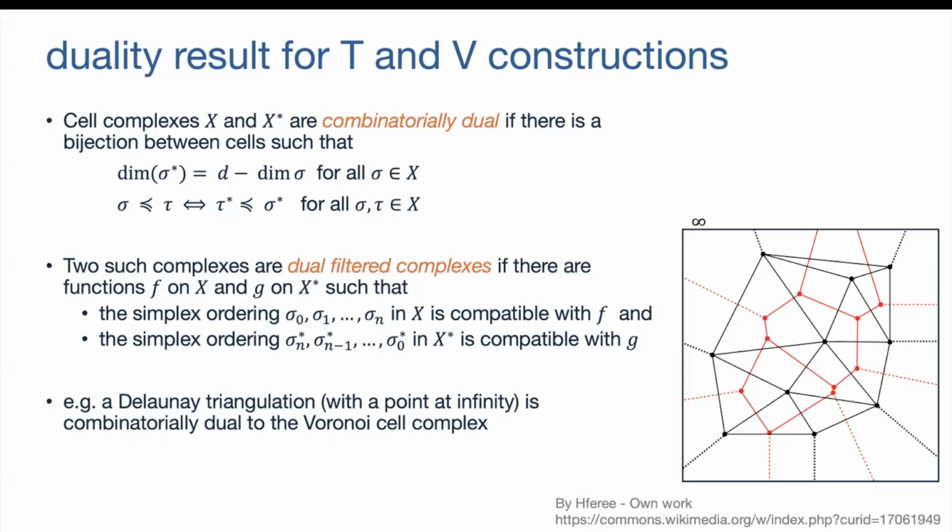So I really have every single cell ordered in a prescribed fashion that is compatible with my function f. And then in the dual construction, I have another function g, and it's the reverse ordering on the dual cells that's compatible with this function g. Yep. Cool.